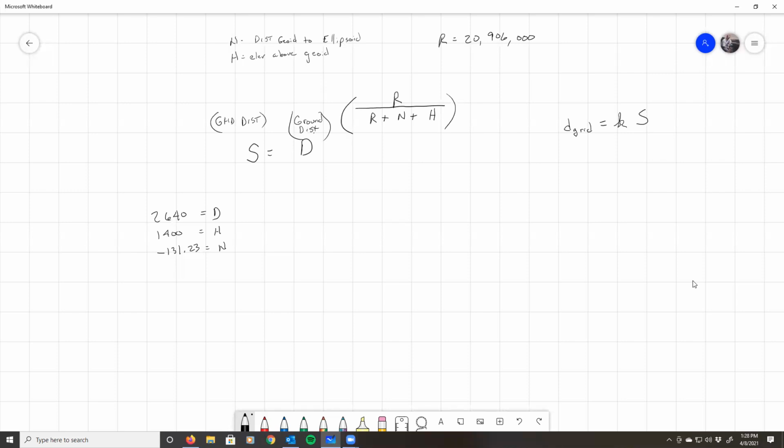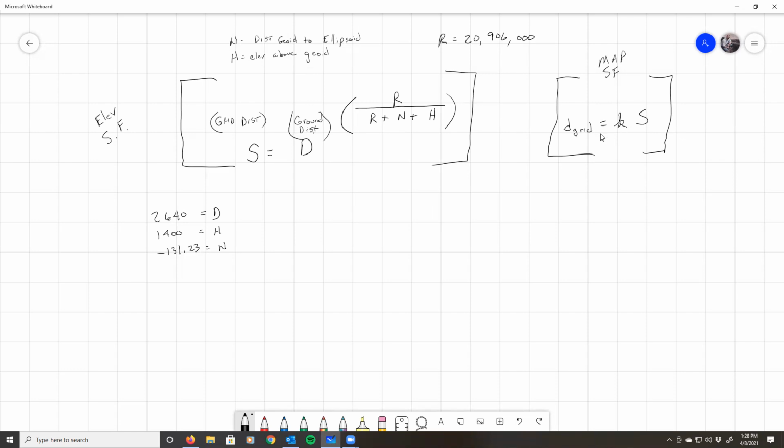The big thing that I want to point out to you is that this overall equation is basically the elevation scale factor, whereas this is the map scale factor. So this has to do with what elevation you're at.